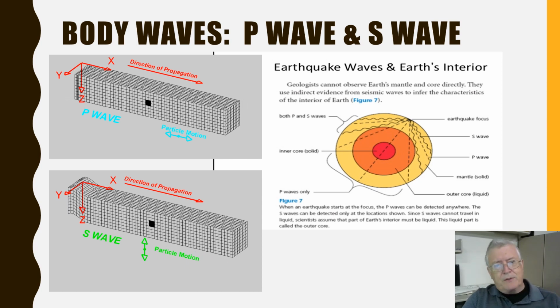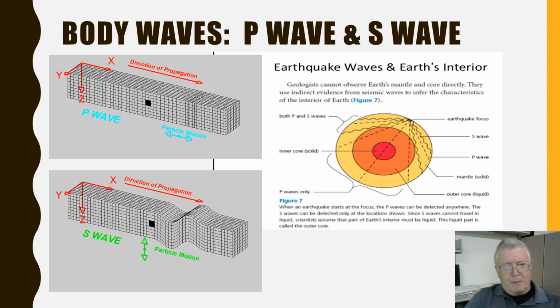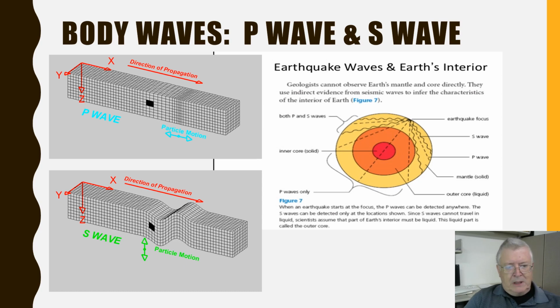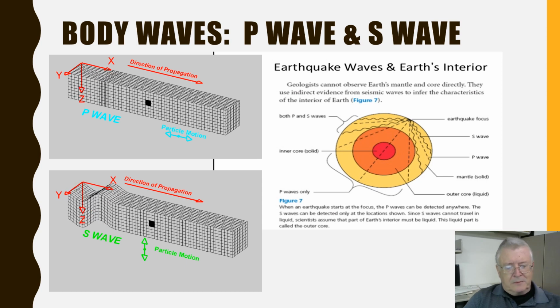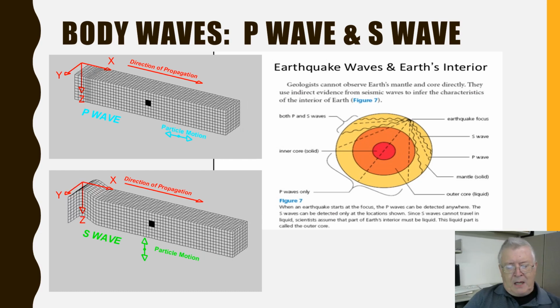Basically here it moves from left to right, and there's a compression of those particles. And below that is the S wave, and particle motion is kind of up and down. This is sort of like something you could surf on, right? So that's an S wave.